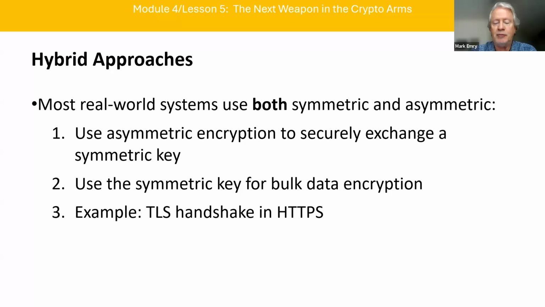Most real-world systems use both asymmetric and symmetric. So they use asymmetric encryption to securely exchange a symmetric key. We use the symmetric key for bulk data encryption. And so an example of that would be like TLS handshakes in HTTPS.